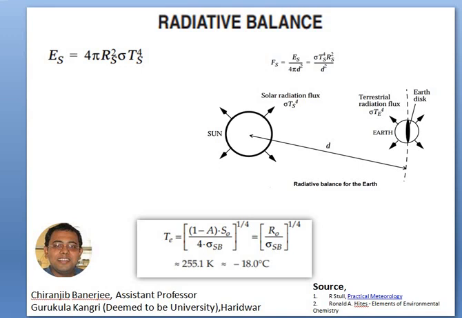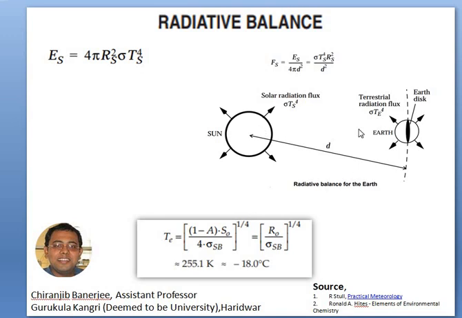So the energy emitted by the sun is 4 pi Rs square sigma Ts to the power 4, where Rs denotes the sun's radius and Ts the temperature of the sun.